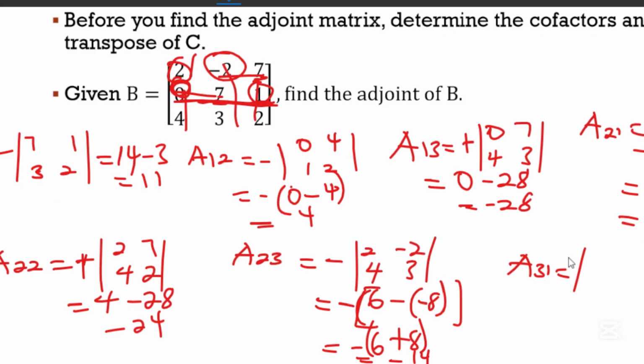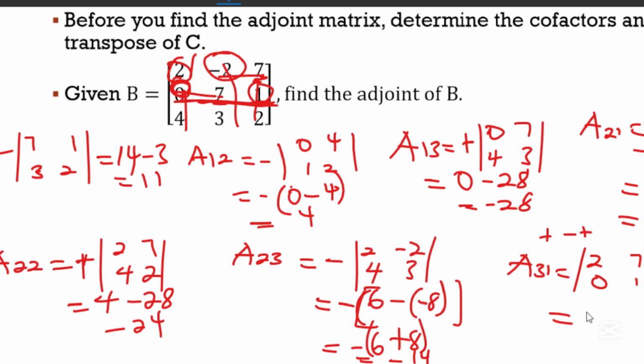So plus minus plus, so we are using the rule to solve this question. So we have 2, 0, 7, 1. So we have 2 times 1 is 2, 0 times 7 is 0.